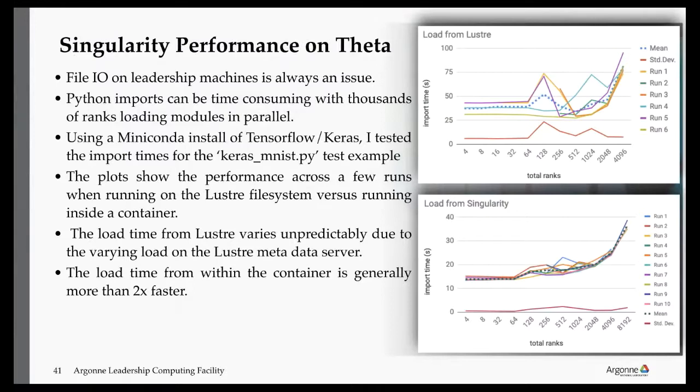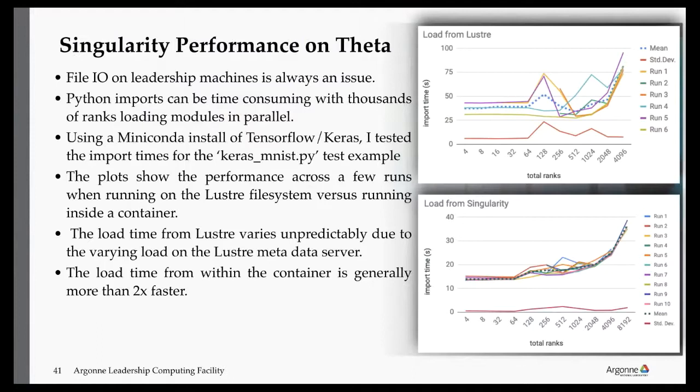And I ran it multiple times because we tend to see slightly different performance from run to run, just depending on file system occupancy. What other people on the system are doing can affect our performance. And you can see it does vary quite a bit. I also show the mean performance in dotted lines and the sigma in red at the bottom across the runs.